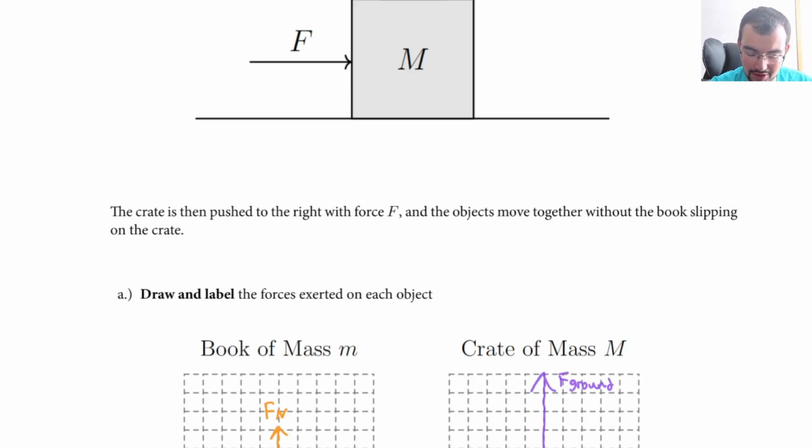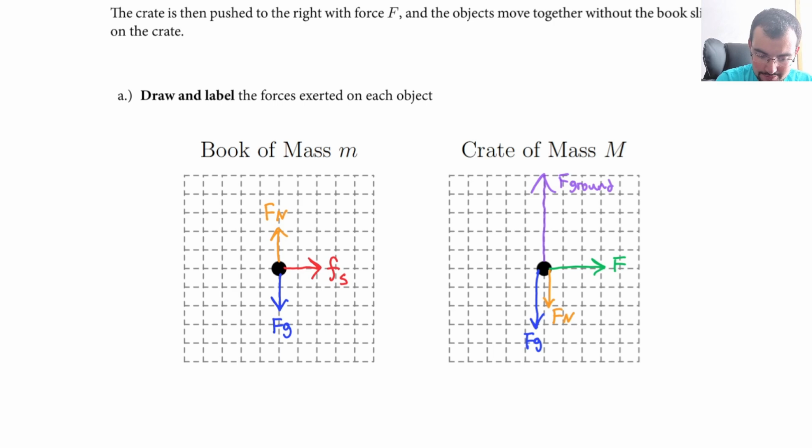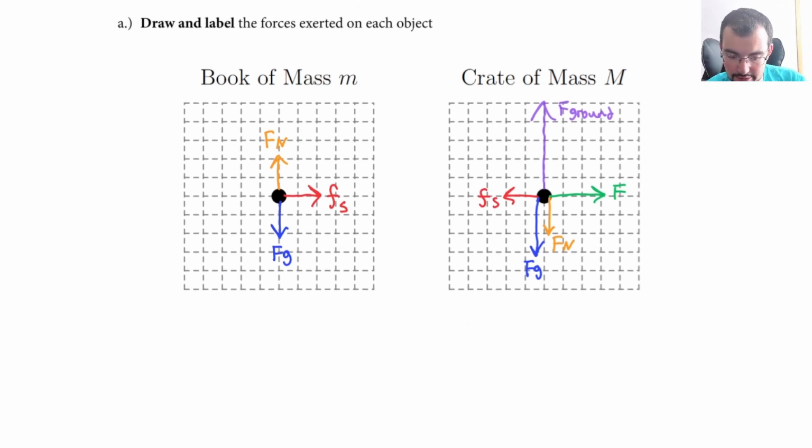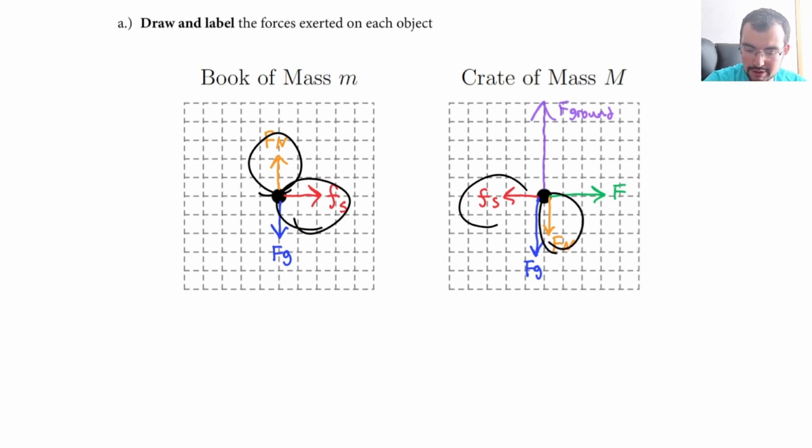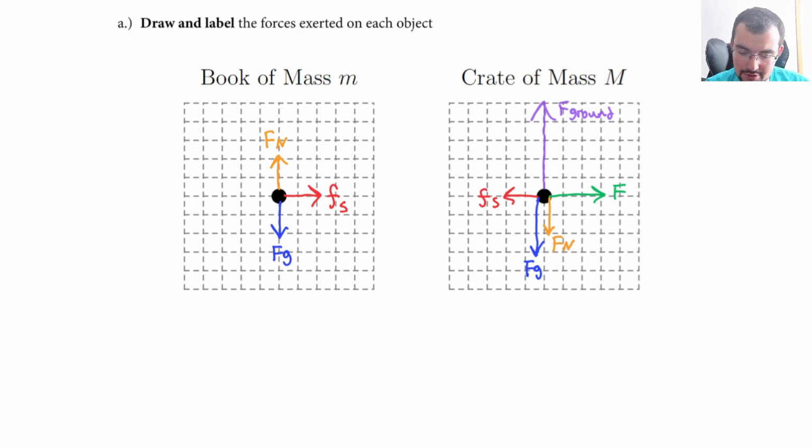It's just stuck in place. It's actually static friction. And by Newton's third law, there's an equal and opposite static friction force here. So this is quite a lot going on here. But we can check that everything works out because the book accelerates, the crate accelerates, and all our forces between the objects are equal and opposite Newton's third law pairs.